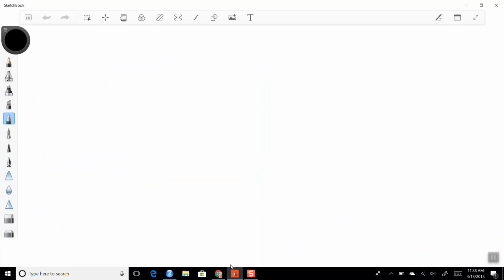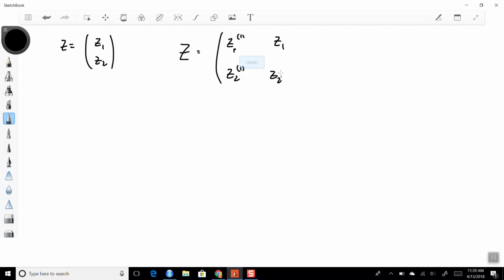When we wrote this out, we said z is equal to z1 and z2, and thus if we have 500 values, our big matrix Z ends up being kind of like z1, the first value, z2, the first value, and then z1, z2, the second values, dot, dot, dot, all the way up to z1, the nth value, and z2, the nth value.